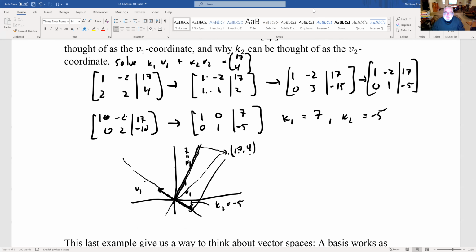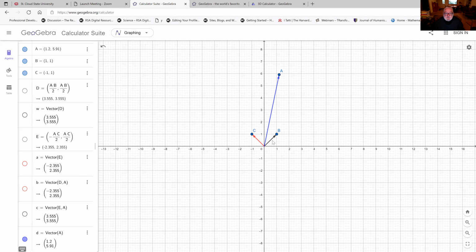So if we go back to GeoGebra, right? Here's 2 vectors. The black vector is B, the red vector is C. Here's another vector A. Is that vector a linear combination of B and C?